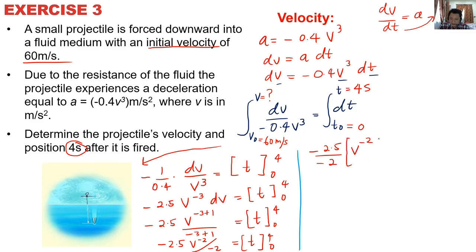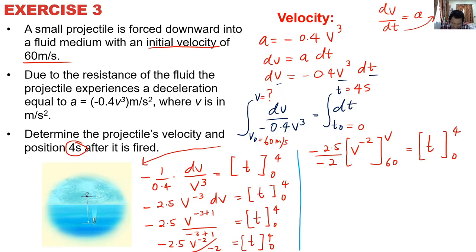You need to evaluate this from where to where? Original velocity 60, final velocity v you don't know. This t is evaluated from 0 until 4.